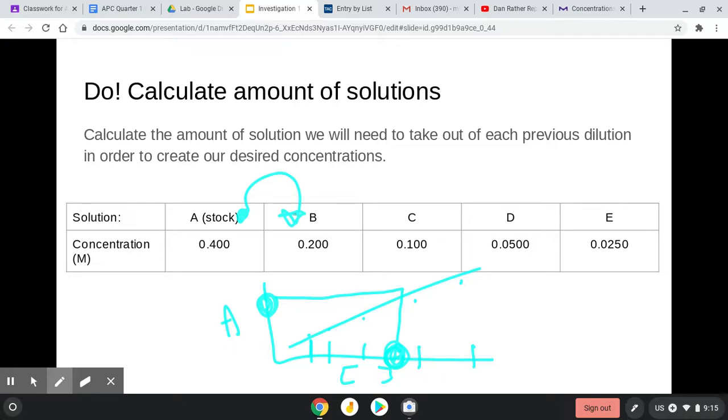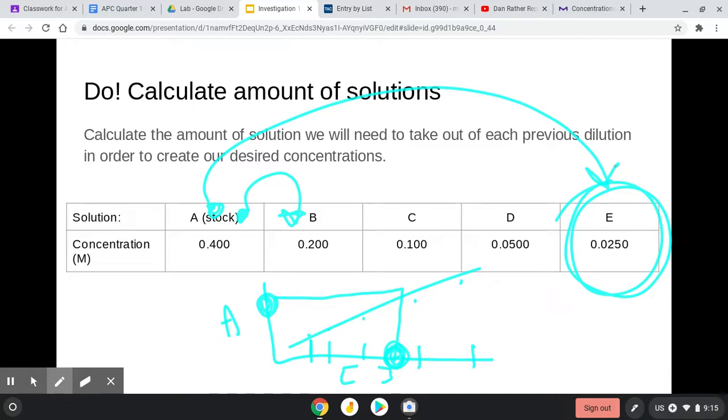Now, we're going to do this dilution a little bit differently than we did the dilutions in investigation 1, for 2 reasons. First of all, when we get down to the molarity way down on E, that's a very small molarity. If we started with our stock solution and pulled some out and mixed it with water to make our solution E at 0.0250 molar, it'd be such a small amount that we would struggle to measure it well.